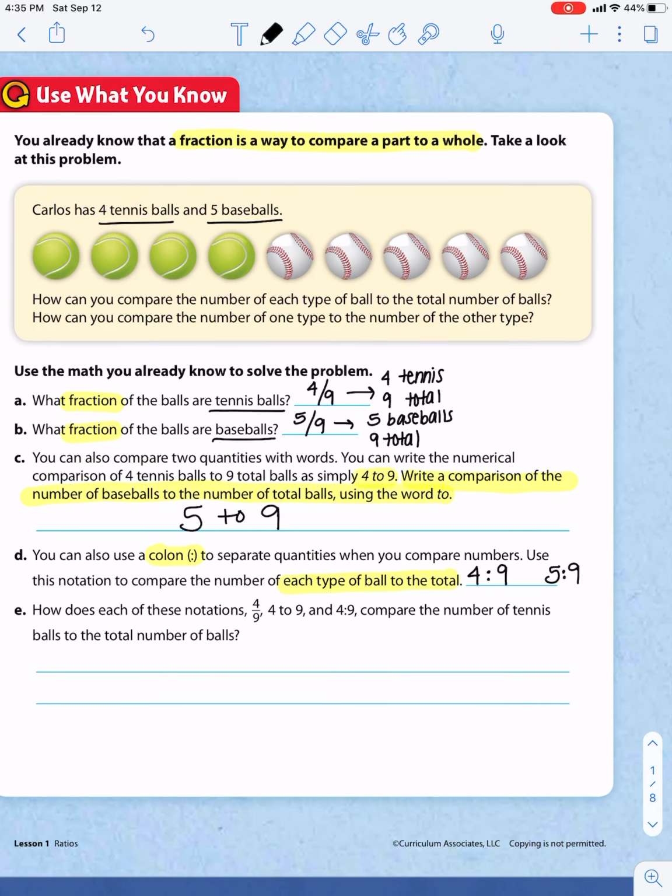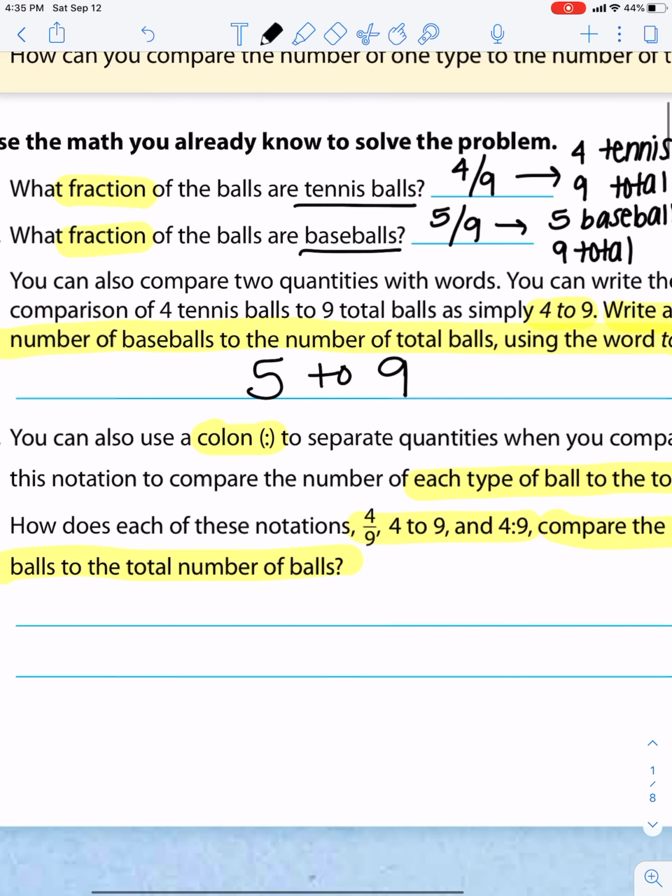So the question I have for you now is, how does each of these notations, 4 to 9 and 4 colon 9, compare the number of tennis balls to the total number of balls? So basically what we can say is something very simple.